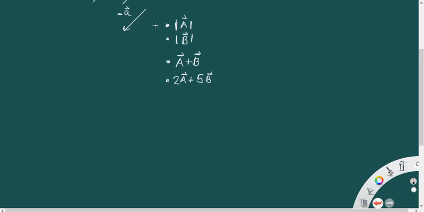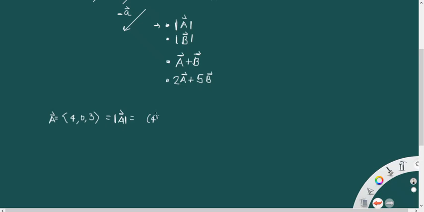Let's start with this one, vector A. The components for that vector are vector A equals 4, 0, 3. Okay, if you remember the formula for the distance, then we can express this length of the vector in this way.